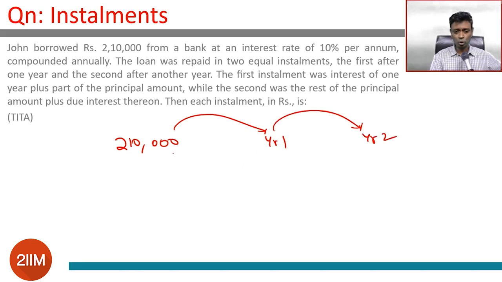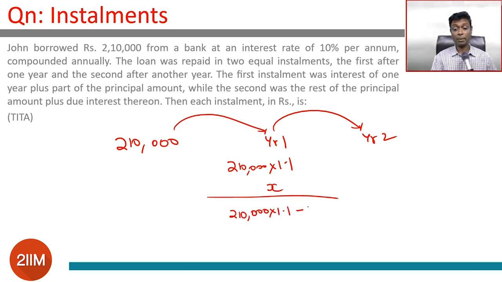To start with, 210,000 at the end of year 1 will become 210,000 into 1.1. That will be the amount outstanding. At the end of year 2, this should have become 210,000 into 1.1 whole square. But we end up paying x. We repay x. So what is remaining is 210,000 into 1.1 minus x.